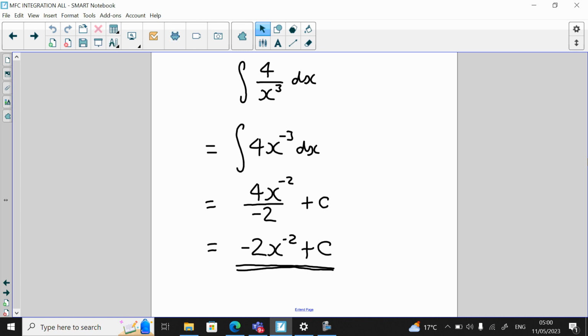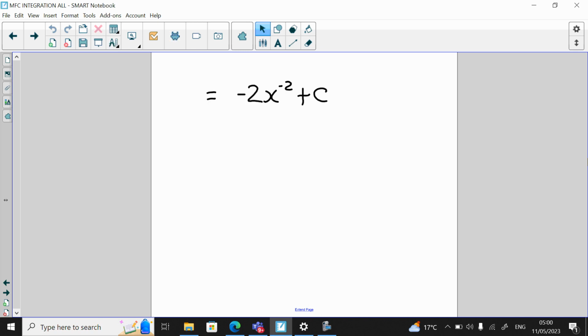That answer's fine. If you were to look up the back of a textbook or an exercise, the answer might not look like that because they don't like negative powers. So what they might do is take the x with a negative power, create a fraction, take it downstairs, and then we've got a negative on the top and effectively a positive on the bottom.